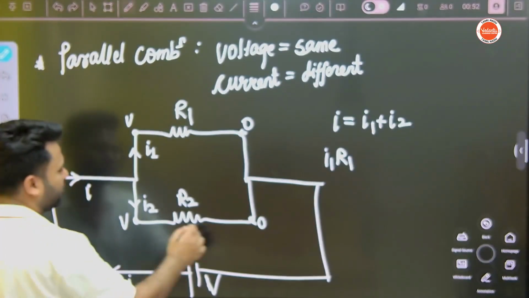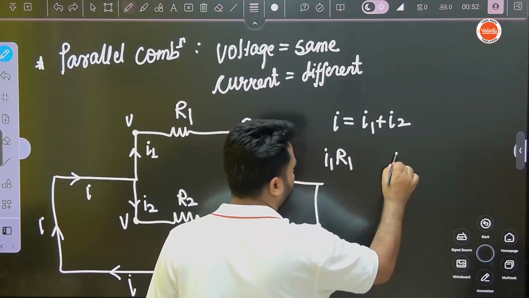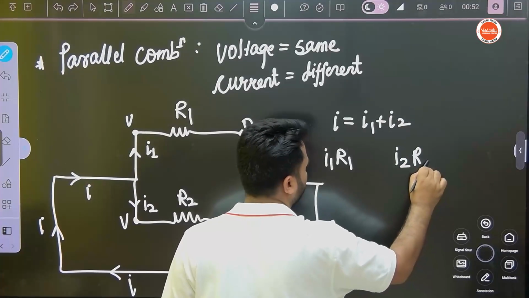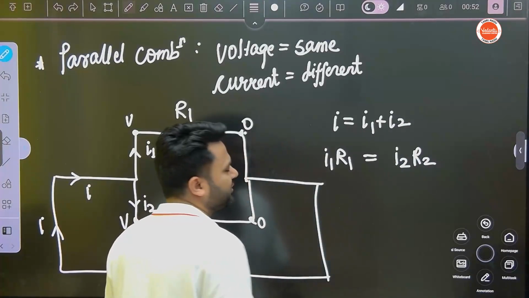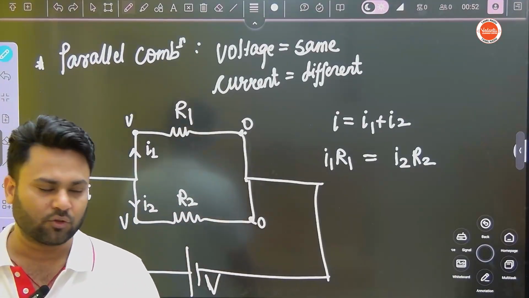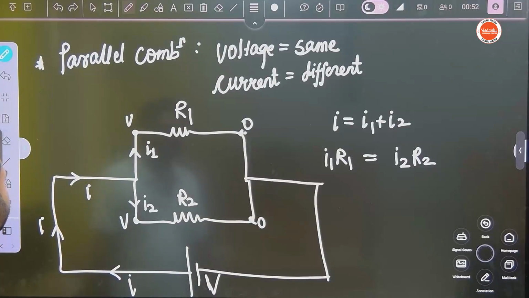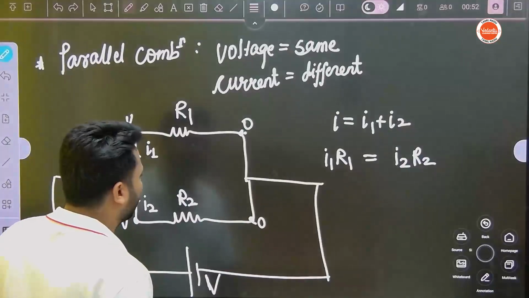What is the voltage across this? I2 R2. And we know that the voltage is same. Voltage across this and voltage across this is same. So we can write this equation also. Okay. So this is parallel combination.